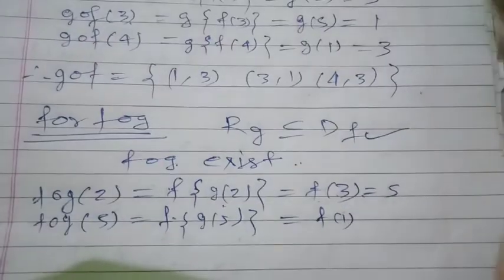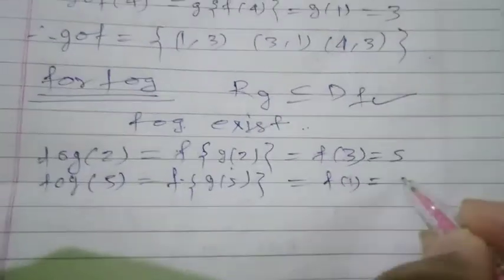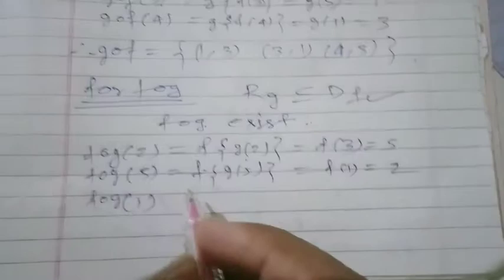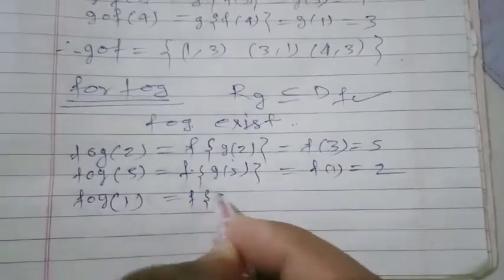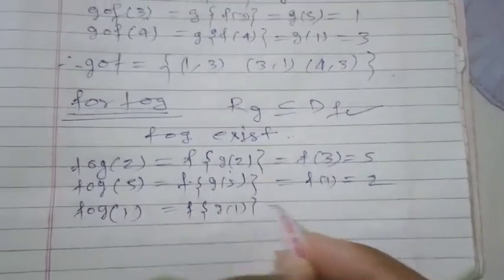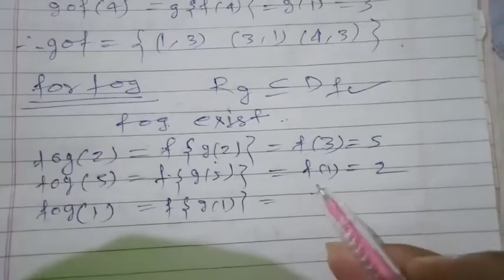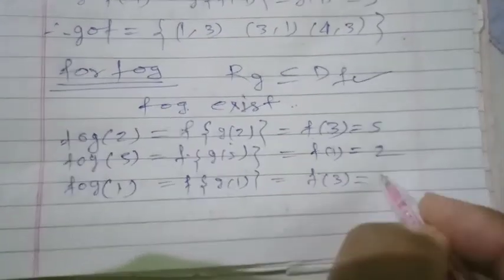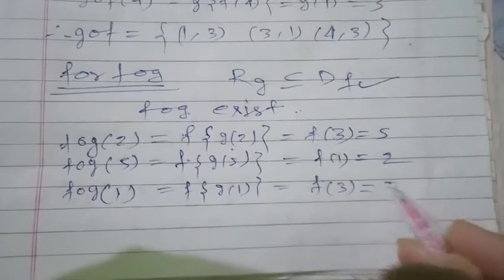F(1) is 2. And last, f∘g on 1 we have to apply. So F(G(1)), and G(1) is equal to 3. So F(3), and F(3) is equal to 5.